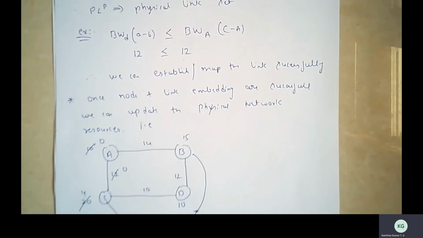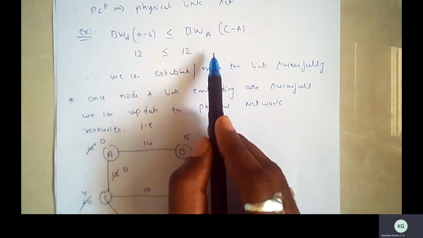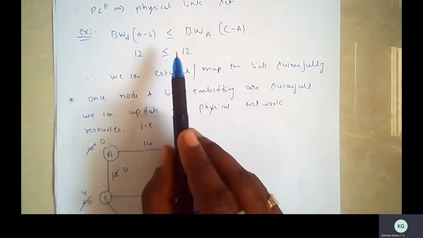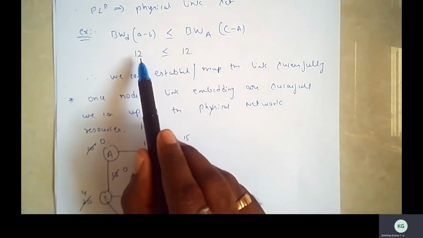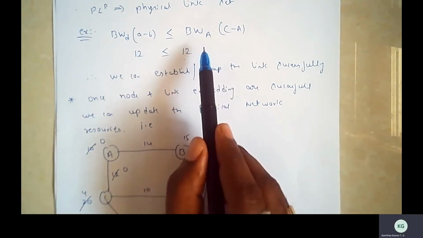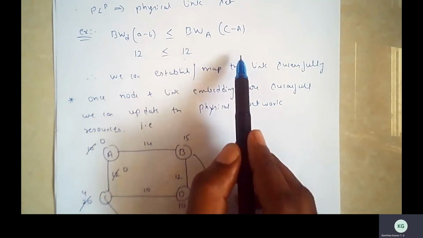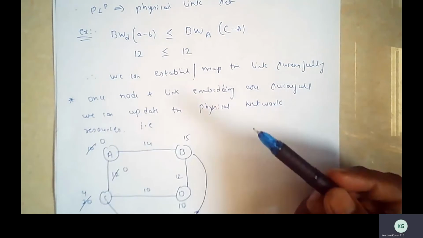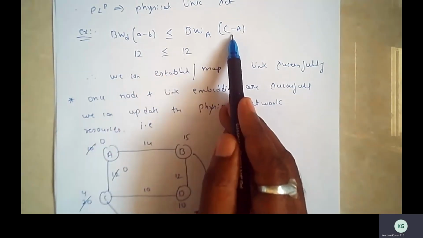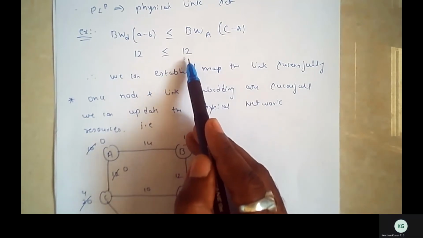One more thing you need to remember is that a single virtual link can be mapped through multiple physical paths. As I said in the previous example, if this C to A path is 10, the constraint will be violated, failed, right?